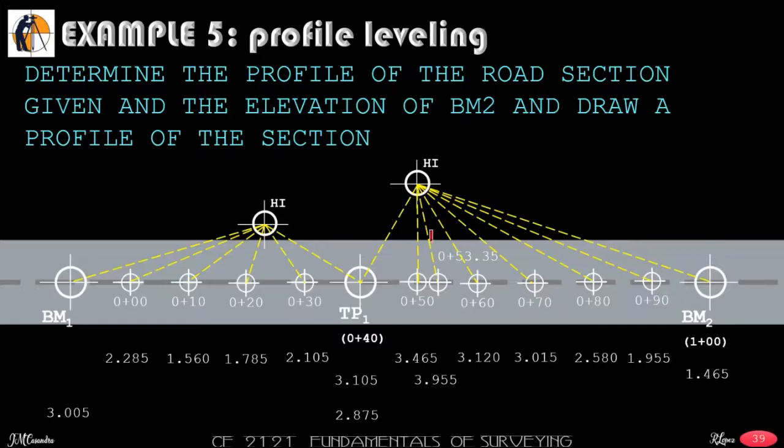So please take note of our station 0 plus 53.35, as this is an example of a plus station which is not in interval with the given full stations. So any distance or any stations in between our full stations are considered as our plus stations.